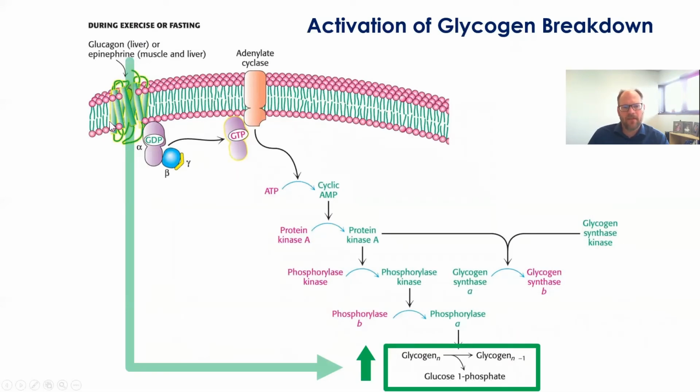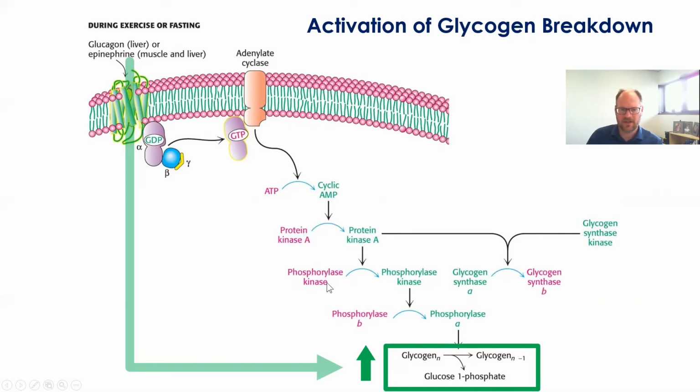And that goes through a signaling cascade that's ultimately signaled through cyclic AMP. The receptor binds and triggers the movement of this GTP-bound protein to adenylate cyclase, triggering the cyclization of AMP to cyclic AMP. That binds to and stimulates protein kinase A to move to its active form.